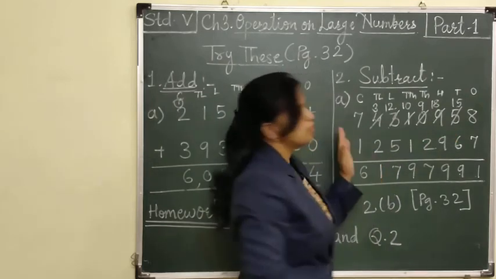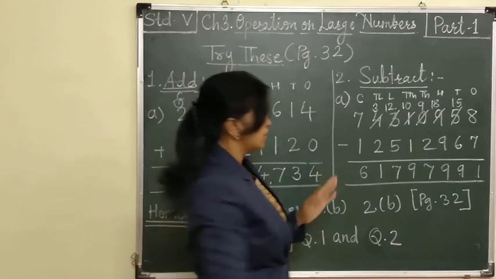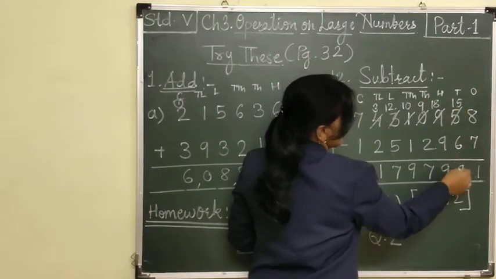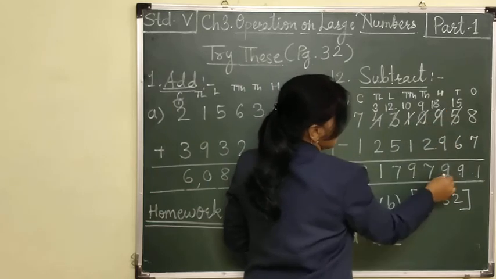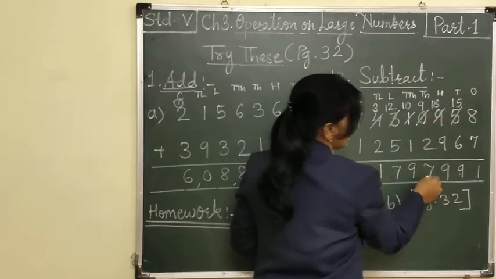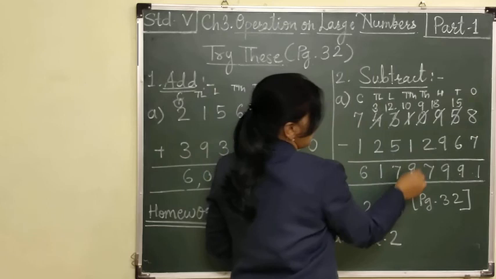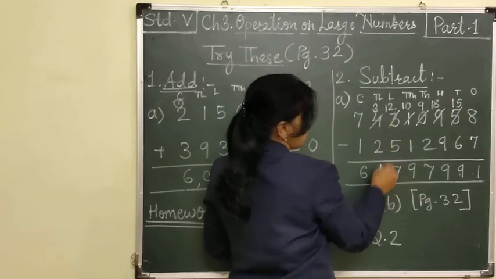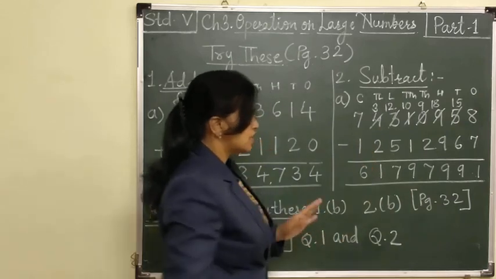So borrowing should be done properly. 8 minus 7, 1. 15 minus 6, 9. 18 minus 9, 9. 9 minus 2, 7. 10 minus 1, 9. 12 minus 5, 7. 3 minus 2, 1. And 7 minus 1, 6.